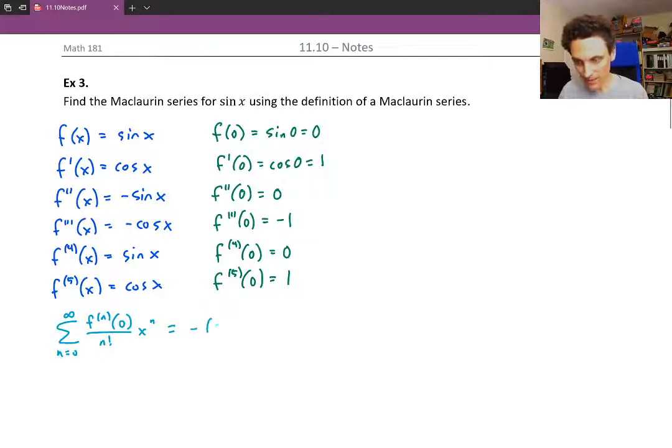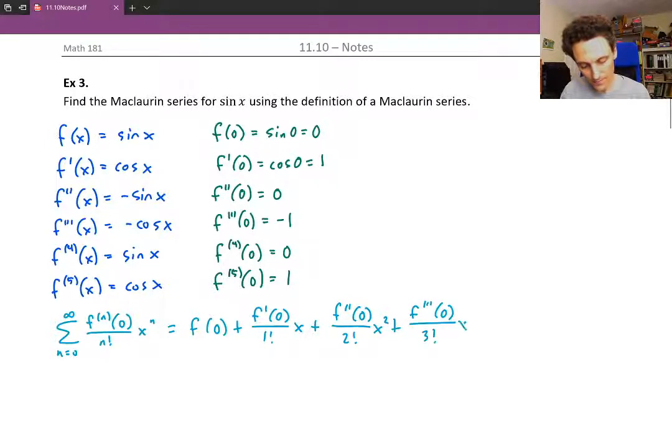This will look like f of 0 plus f prime of 0 over 1 factorial x plus second derivative at 0 over 2 factorial x squared. And we'll go out to the fourth derivative. Remember that there's more after that.